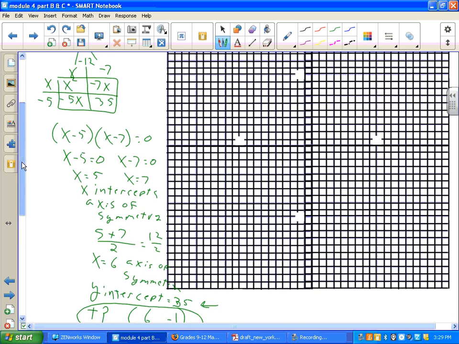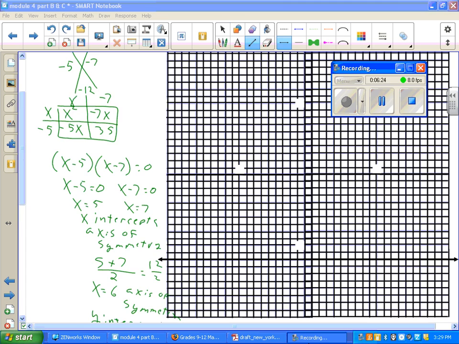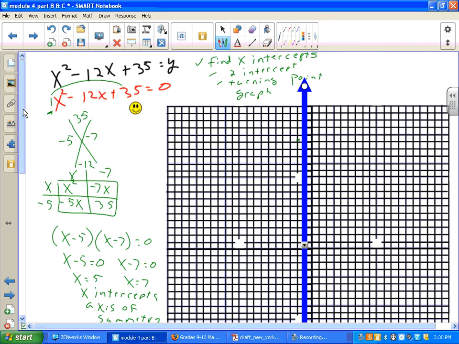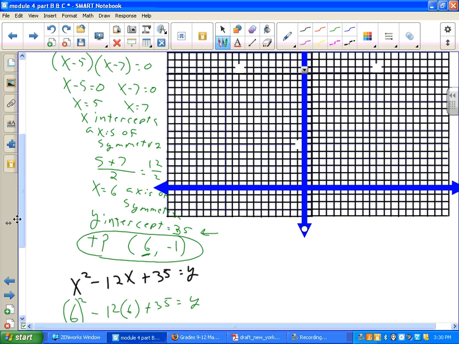So what I'm going to do is draw my x-axis fairly low. Okay, so 35 is my y-intercept, which is going to be right there because I counted up 35 on the y-axis.